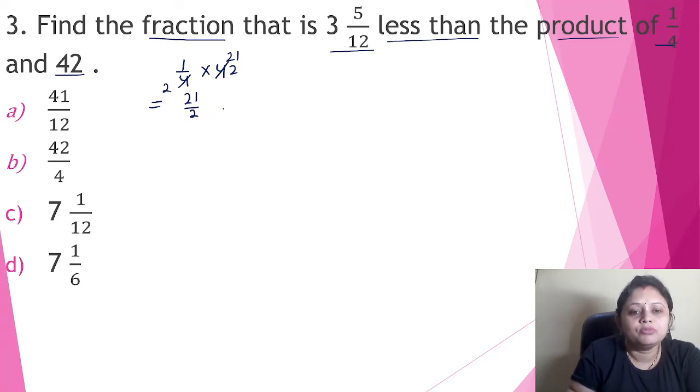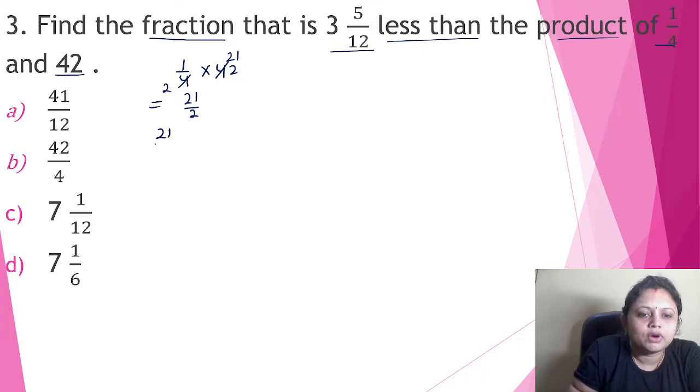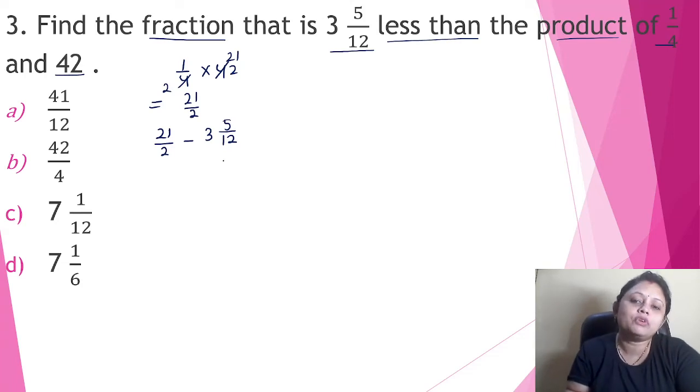And we have to find how much that fraction is greater than 3 whole 5 by 12. So 21 by 2 minus 3 whole 5 by 12. 3 whole 5 by 12 is a mixed fraction, and before doing any calculation we have to convert it into an improper fraction.